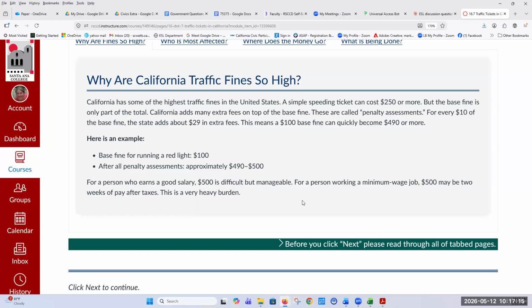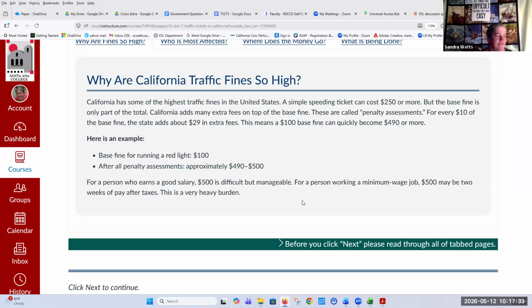Here is an example. Base fine for running a red light, 100. After the whole penalty assessment, approximately 490 to 500.